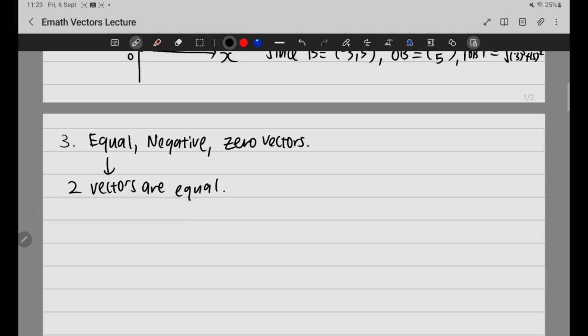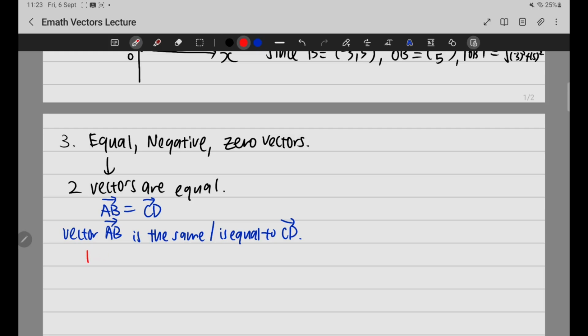So for example, let's say we say AB is equal to CD, right? We say that vector AB is the same as, or is equal to, CD. What does that mean? It always means two things.